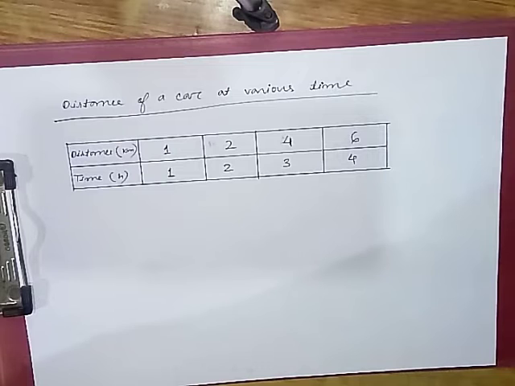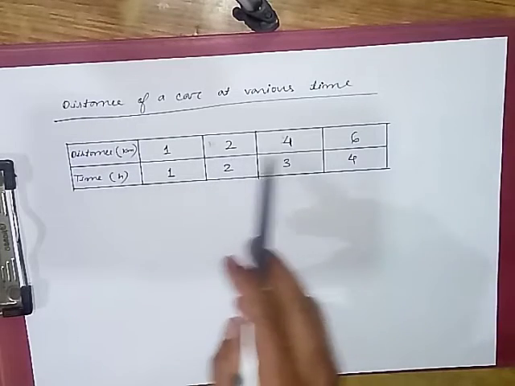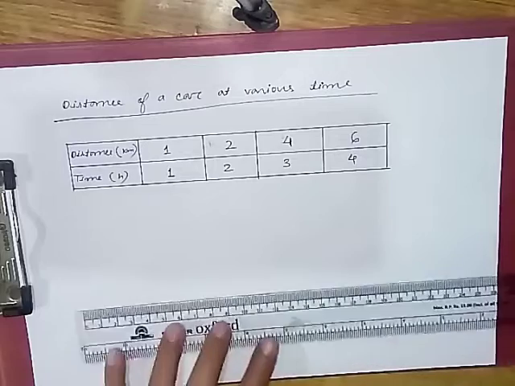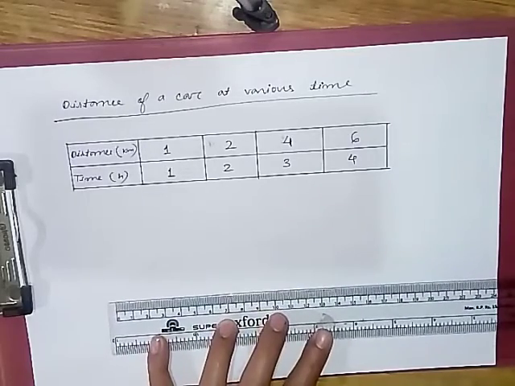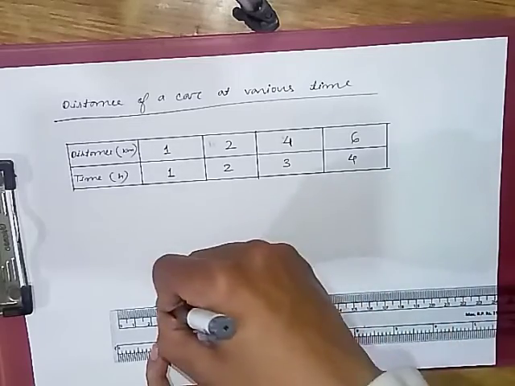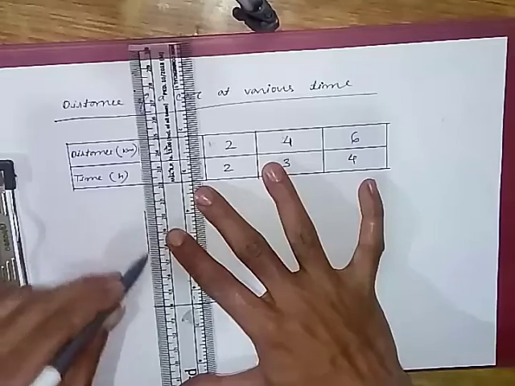Now let us draw the distance time graph for the given table. So distance is given and time is given. At first we have to draw a horizontal axis and then a vertical axis.